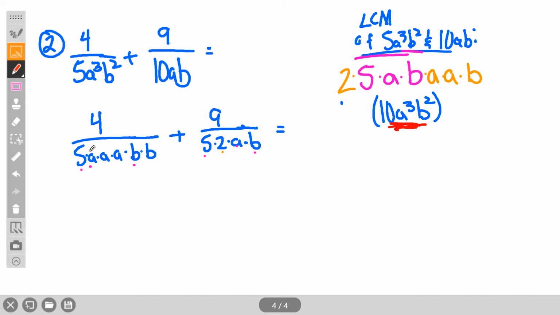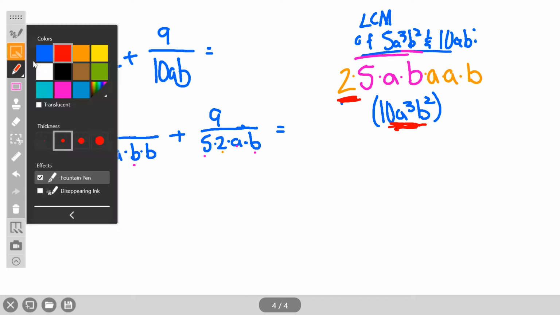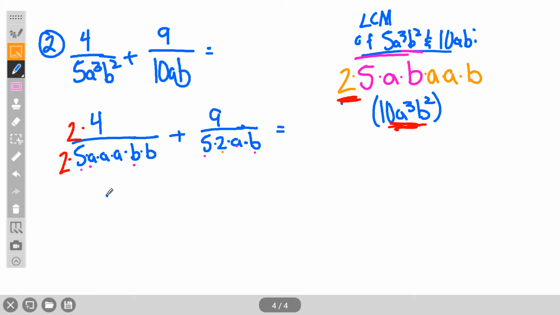The first one has the 5, the 3 a's, and the 2 b's. The only thing it's missing is the 2. So I'll multiply top and bottom by 2. 2 times 4 is 8, and the denominator is now the LCD, which is 10a cubed b squared.